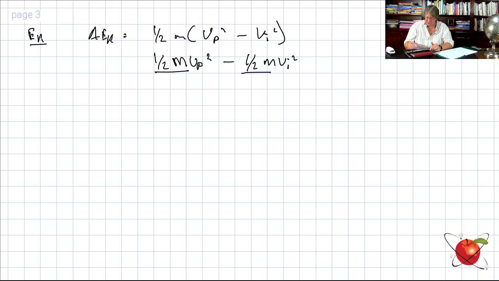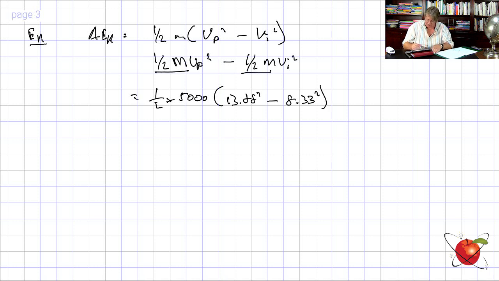I just took out a half m as a common factor. So we'll say that's going to be a half times 5,000 times 13.88 squared minus 8.33 squared. And we know this answer is going to be equal to 308,163.75 joules. What does that mean? That means, quite straightforward, we have gained energy. We've had to put energy in to do that, right?